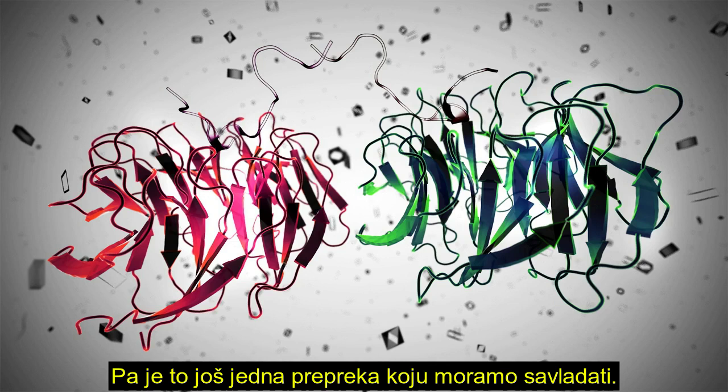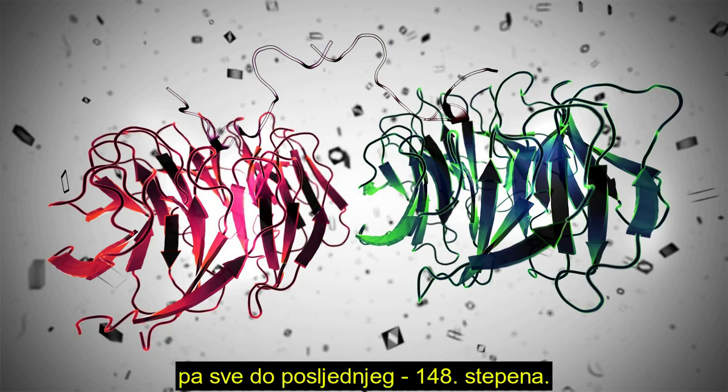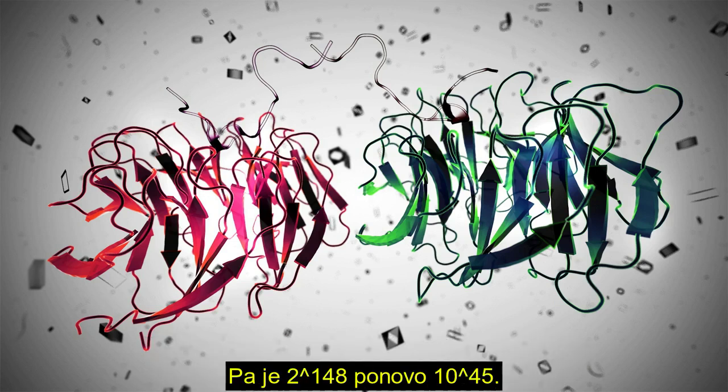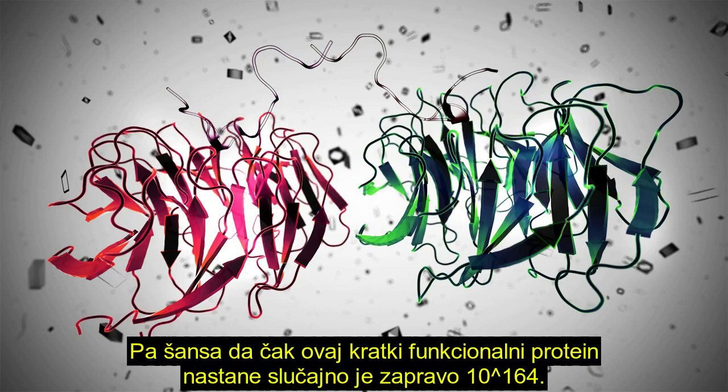So you've got another probabilistic hurdle to overcome. So you've got a 1 in 2 chance at each site again, out to the 150th power. 2 to the 150th power, again, is 10 to the 45. Oh my goodness. So the odds of building even a short functional protein by chance alone is 74 plus 45.